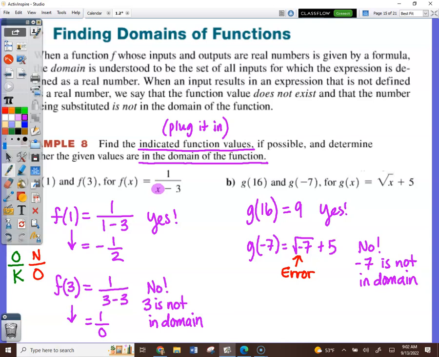Can you tell me what is the smallest number possible that I could plug into that function G and it would be okay? 1. What? 0.